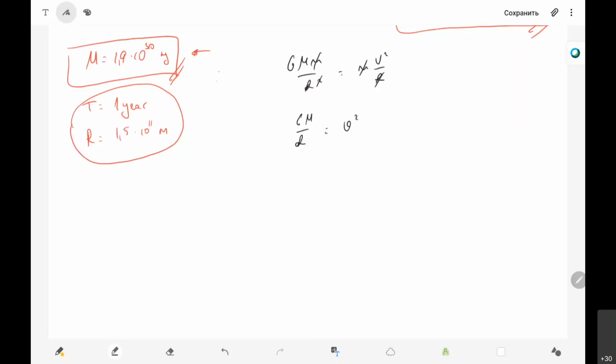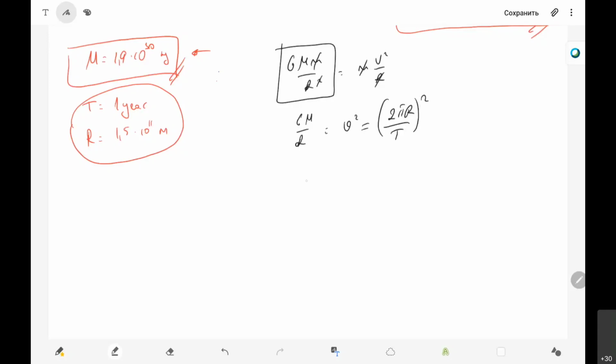Be careful, I'm not advising you to memorize all equations. It's enough to know this equation, which just comes from circular motion. We know the velocity of the Earth equals the circumference of the circular orbit divided by the period.